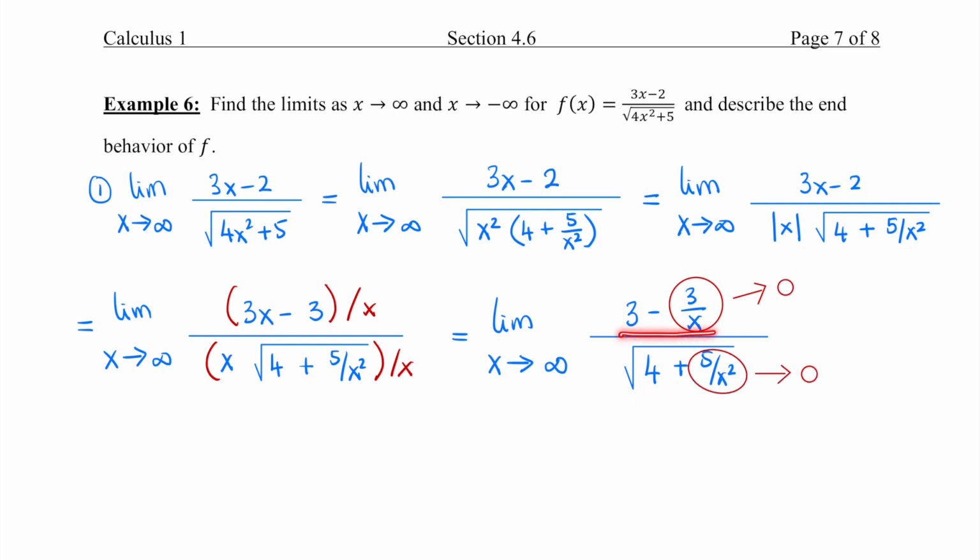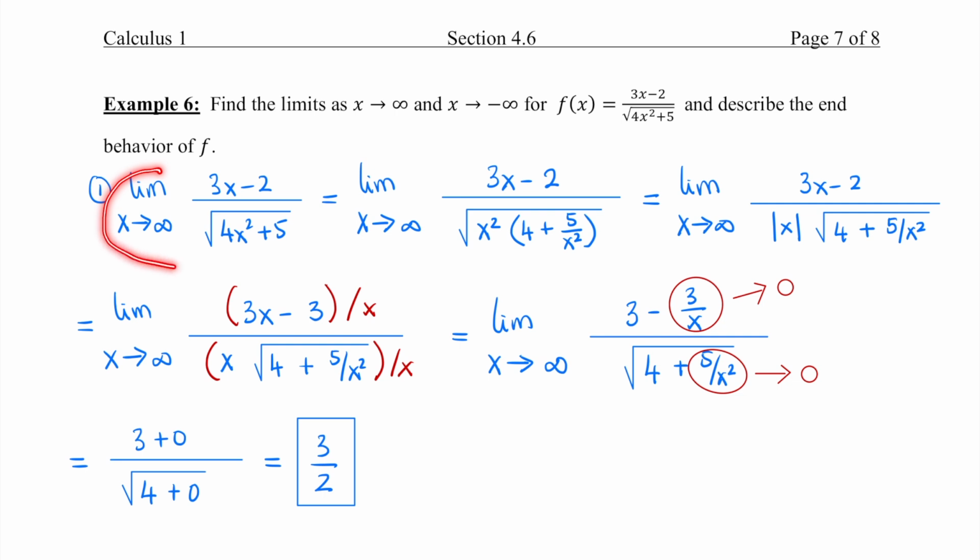So I get 3 minus 0 over square root of 4 plus 0, which is 3 over 2. So the limit of the function f of x as x approaches infinity is 3 over 2.